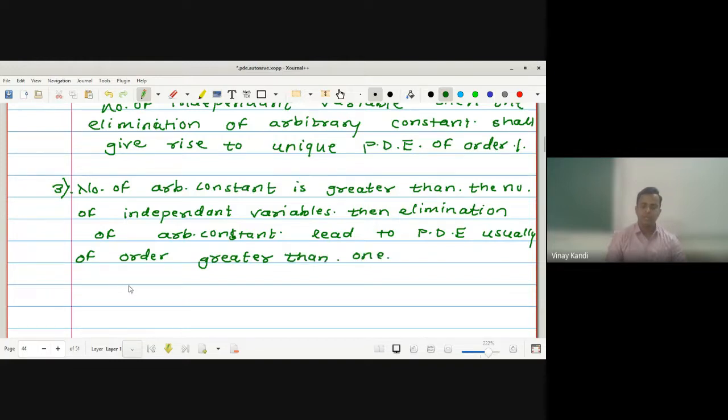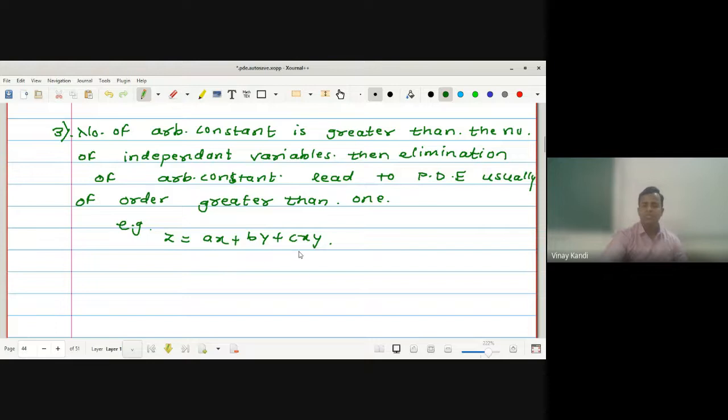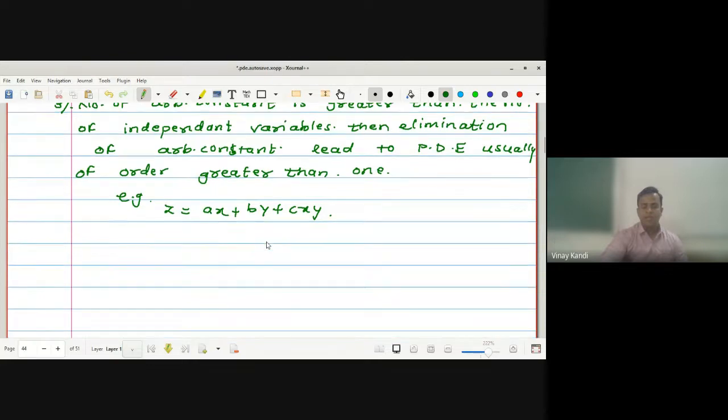For example, z is equal to ax plus by plus cxy. So here the arbitrary constants are a, b, c, which is 3, and the independent variables are x and y. Now differentiate partially with respect to x and y.